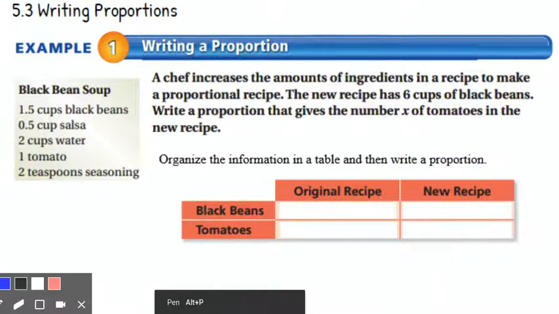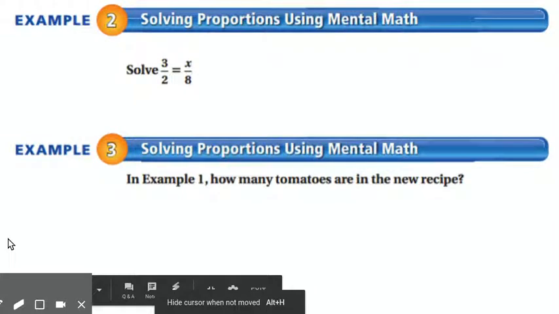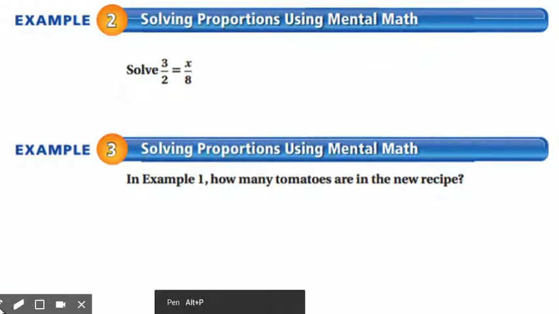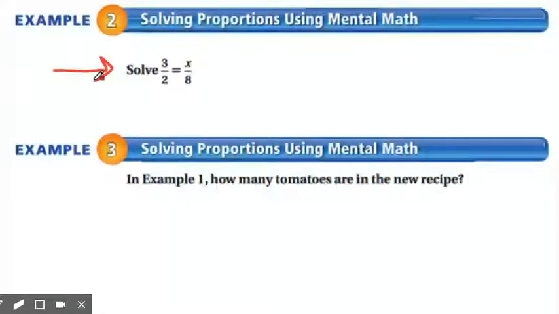So in the next example, example 2, we're going to figure out how to solve these proportions, which I'm sure we've done before, but like I said, super easy. Example 2, we have 3 over 2 equals X over 8. What we want to do is cross multiply.